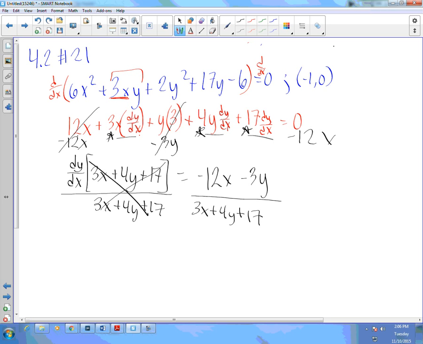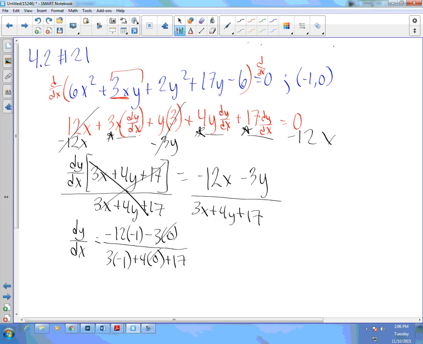Do we know x and y so that we can find the slope? Really you can plug them in at the beginning, I just always forget, so I do it at the end. x was -1, y was 0. 3 times -1 plus 4 times 0 plus 17.